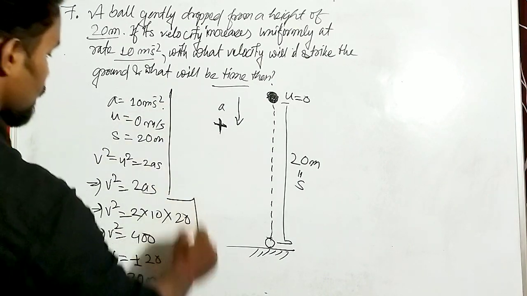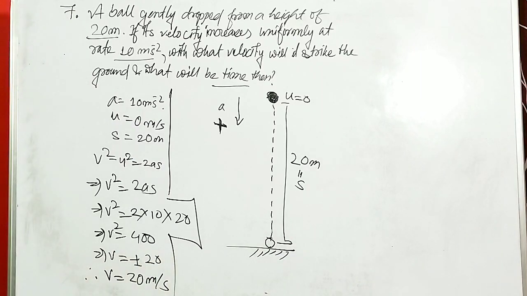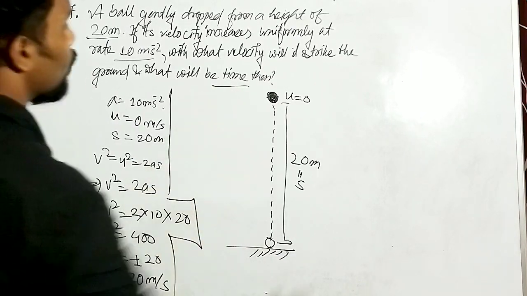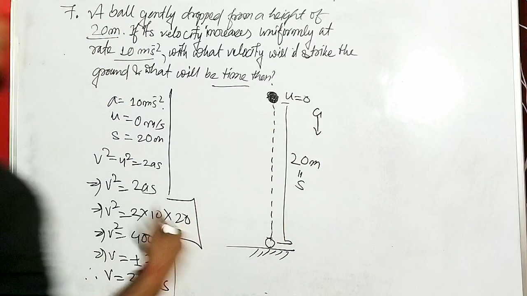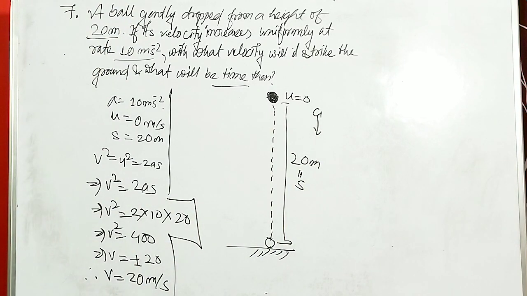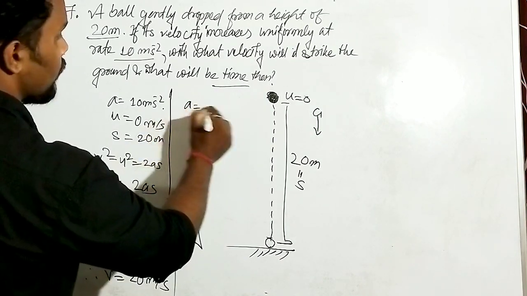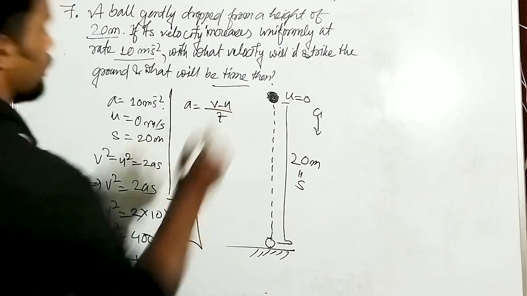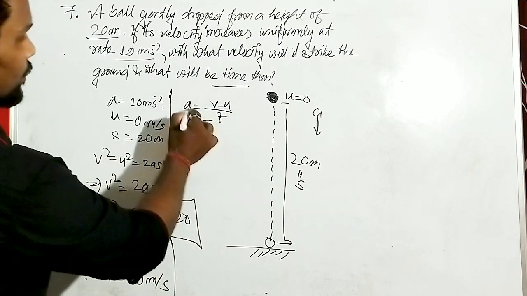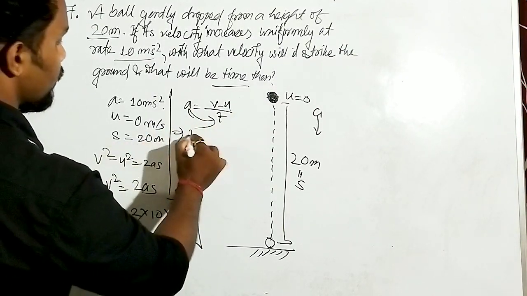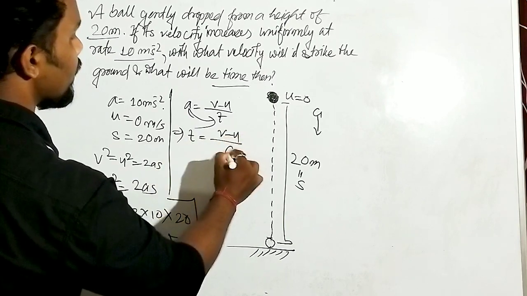Now we will calculate the time. What will be the time when it actually reaches the ground? We have v and u, so we need the time. We have the formula acceleration a equal to v minus u by t, so t will be v minus u by a.